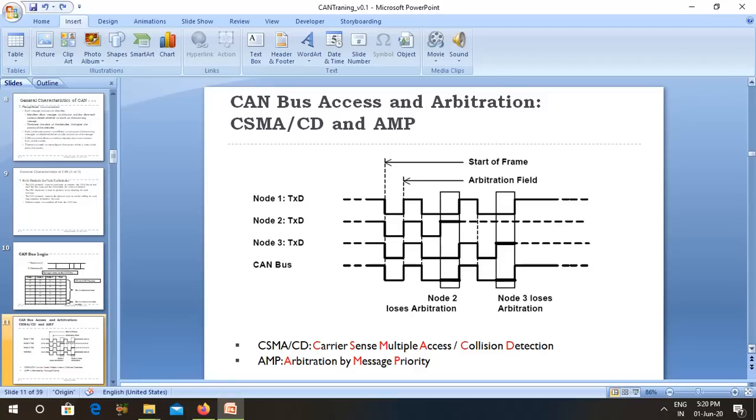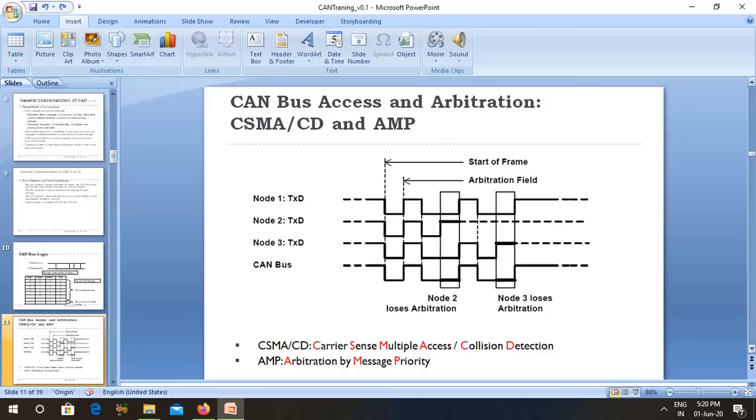Only node 1 and 3 remain. In the next baud interval, node 1 and 3 are dominant, so the bus is also dominant. At the next sampling time, node 3 moves to recessive whereas node 1 is dominant.